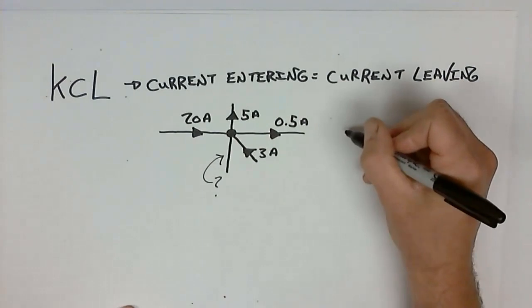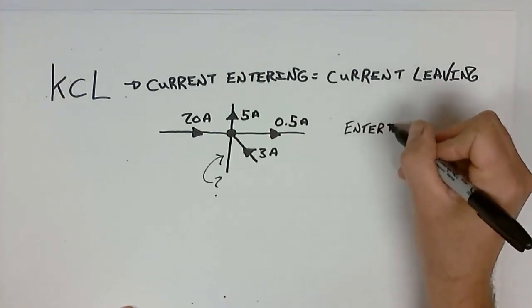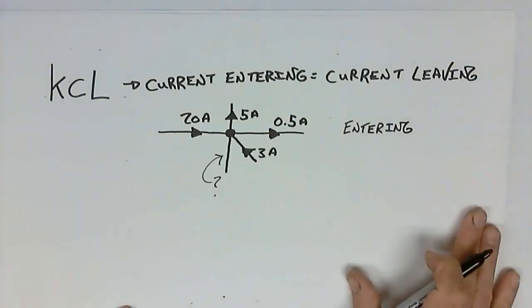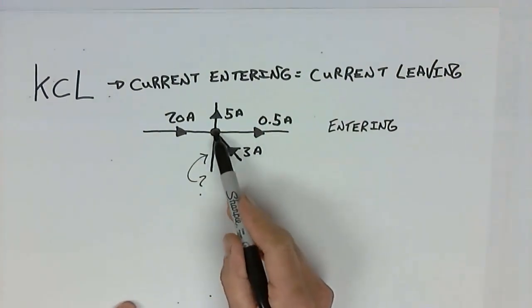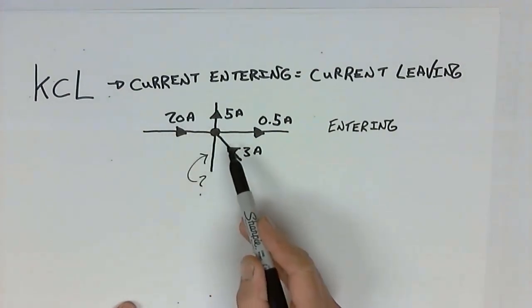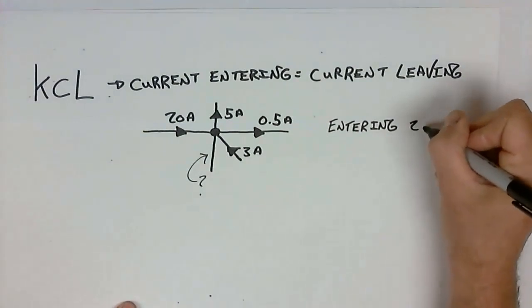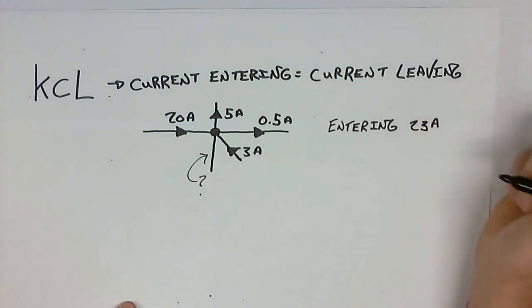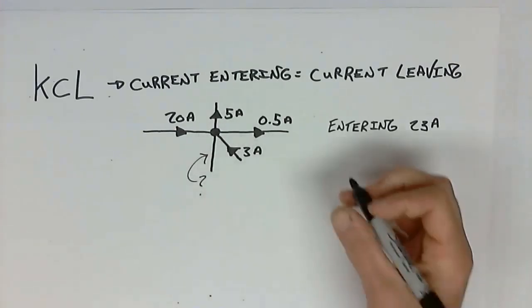We could do a quick sum. The total amount of current that's entering, well, let's look at all the arrows that are pointing towards my node. So there's my node. 20 and 3 are both entering. So that means I have 23 amps entering the node. How many amps do I have leaving? 5 and 0.5.